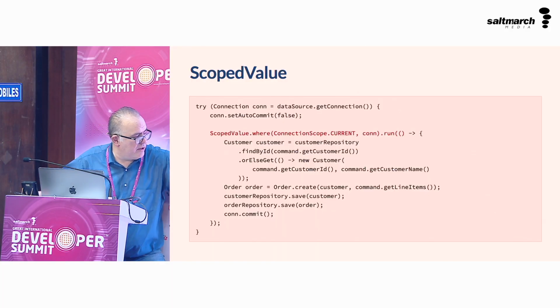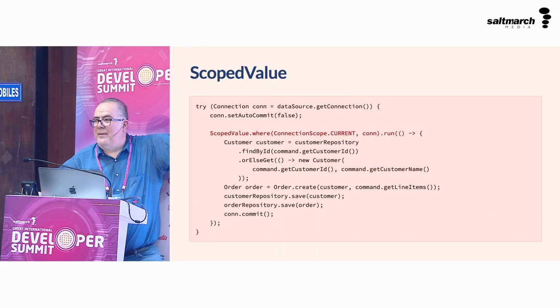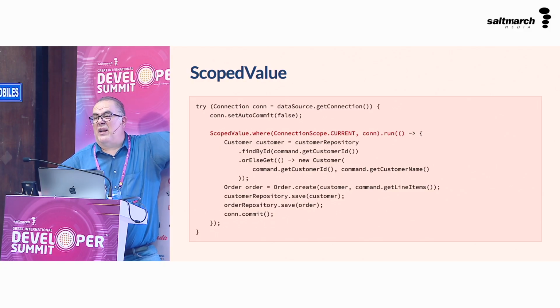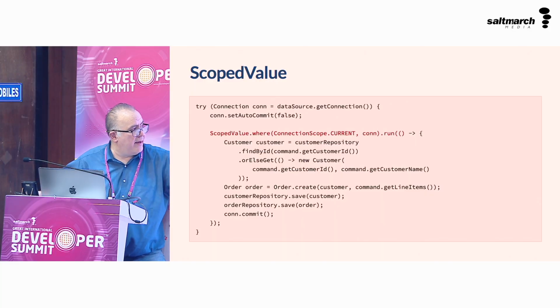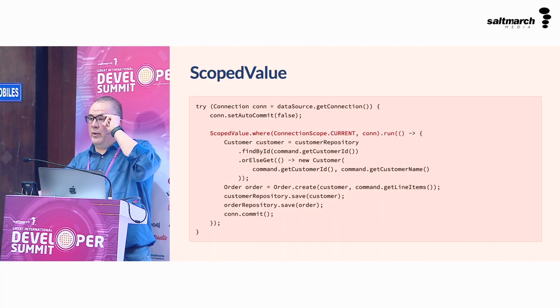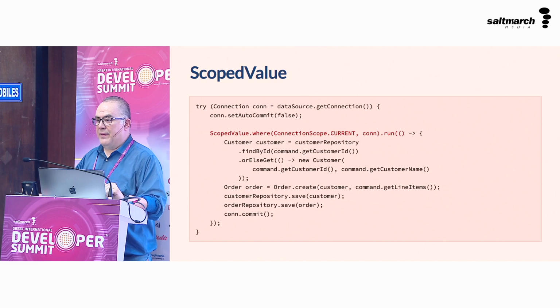You'll notice in here your code is clean. Neat, right? Because this is going to put that connection on a thread, so it's kind of like thread local. Anywhere in here, they can grab that connection whenever they need to. And this is a part of new Java, brand new bleeding edge Java, okay?